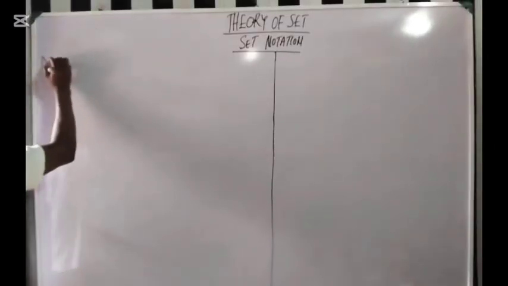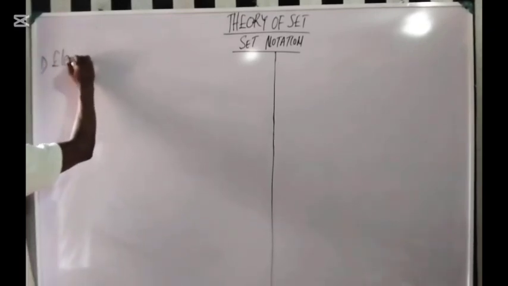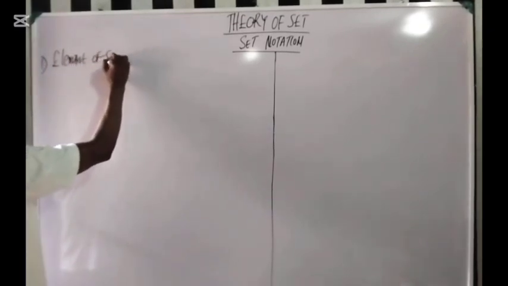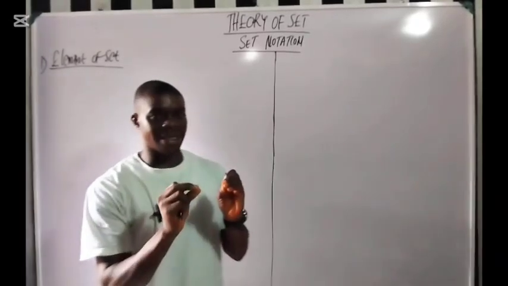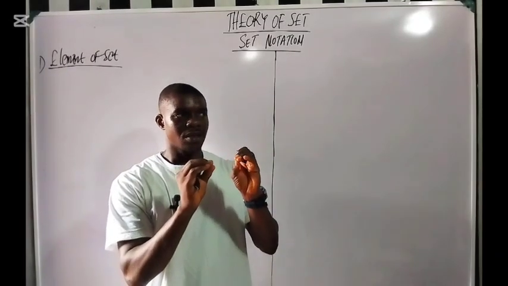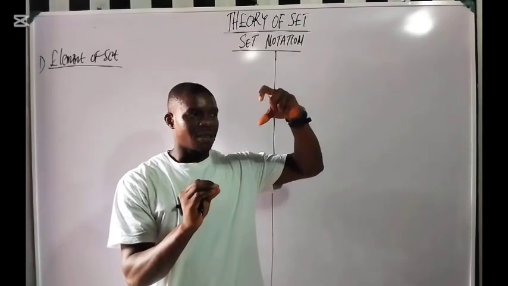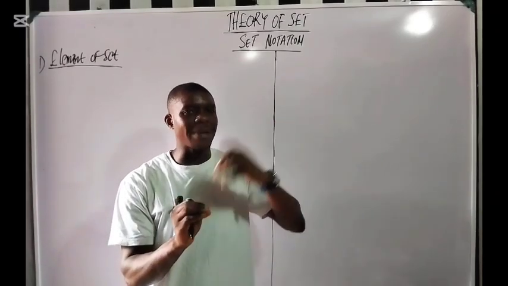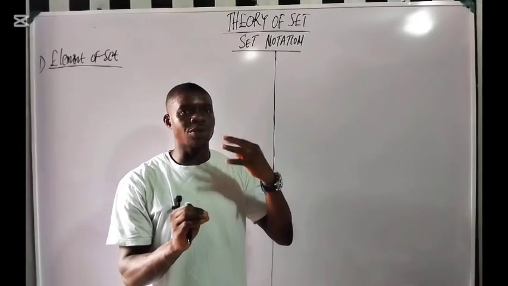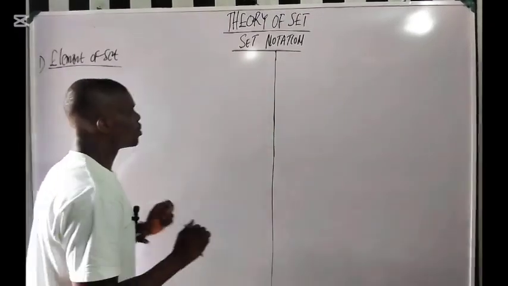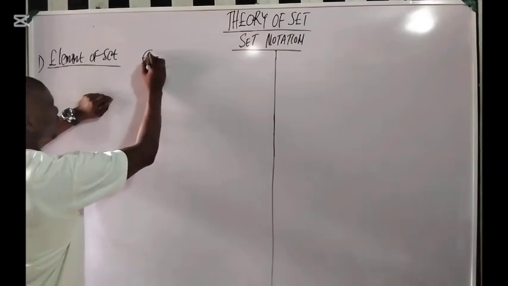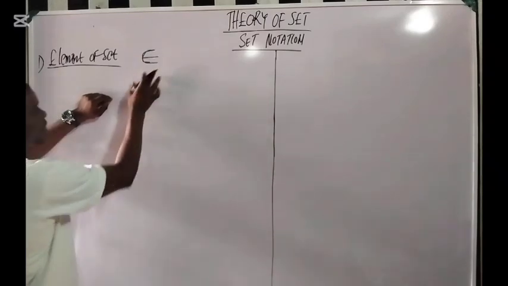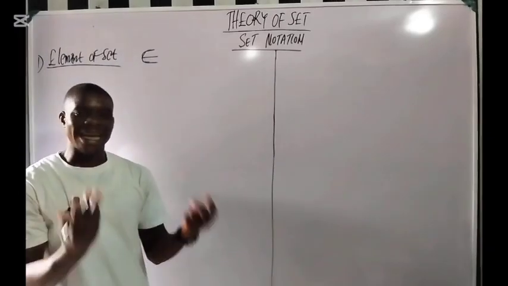The first one is number one, elements of sets. When an element is part of a set, we say it is an element of the set. This is the symbol used to represent element of.